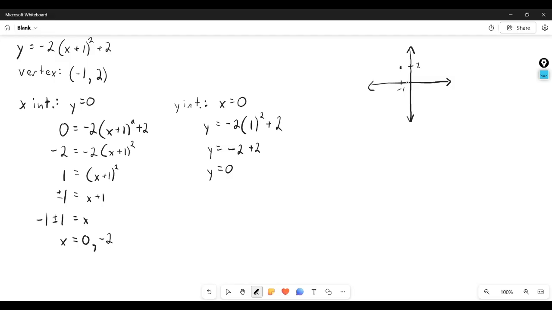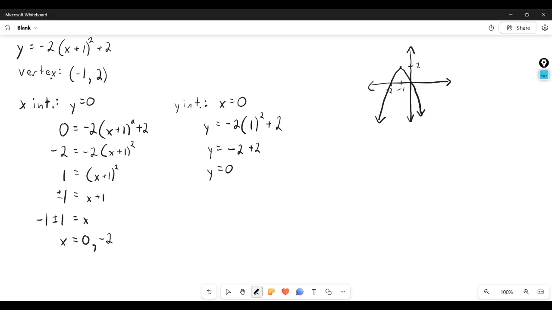And it needs to go through this one at minus 2 as well. So x is minus 2 there. Okay. And if it's going to start here and go through those points, I know it's going down. It's nice to check things two ways just to make sure you got it right. I also know it's going down because of the minus sign.